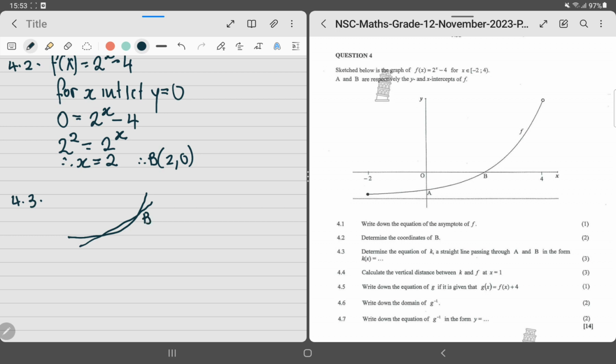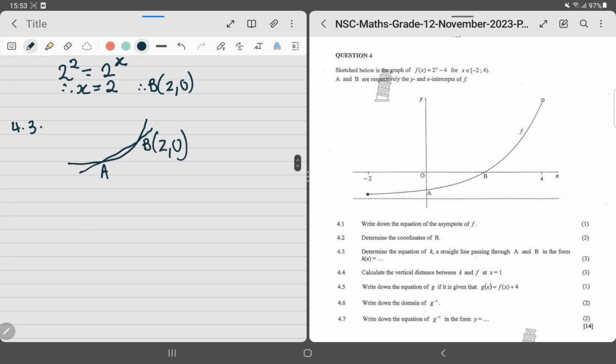You have B, then you have the A. In order to find the gradient, you need to have at least 2 points that are connected to each other. So we know that the coordinates of B is (2; 0), but we do not know what the coordinates of A are. So let's find the coordinates of A.